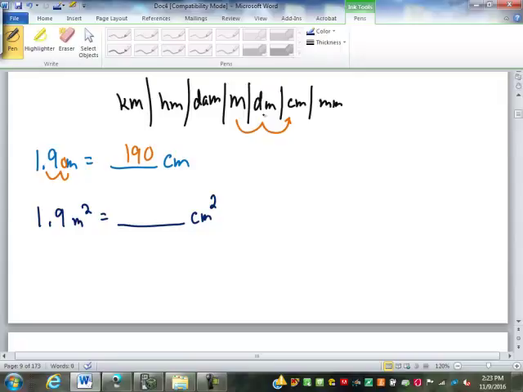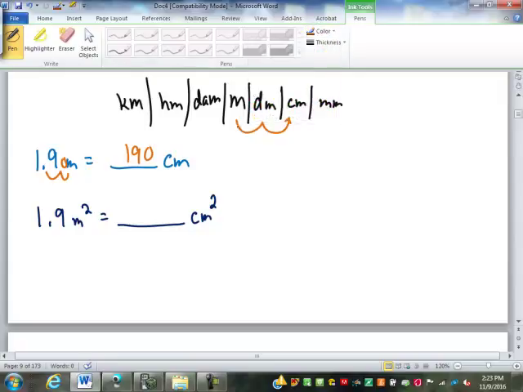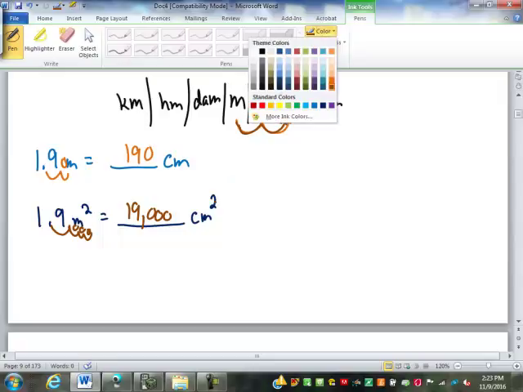So now, because these are squared units, every position we move on the chart is going to be 2 decimal places. So meters to centimeters is still 2 places on the chart, but because these units are squared, we double that. So it is now 4 places of the decimal point. So 1, we have to add zeros, 2, 3, 4. So that is 19,000 square centimeters.